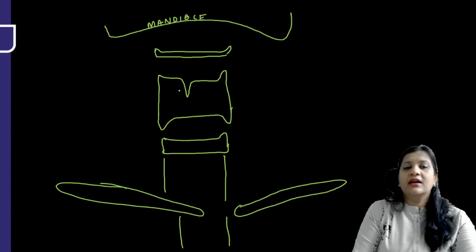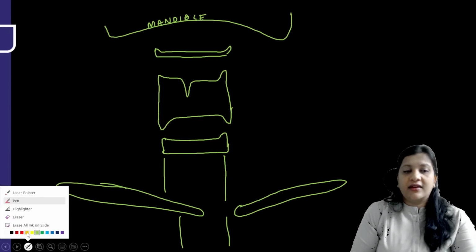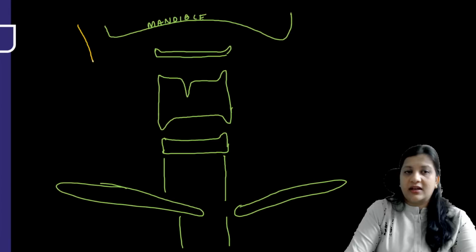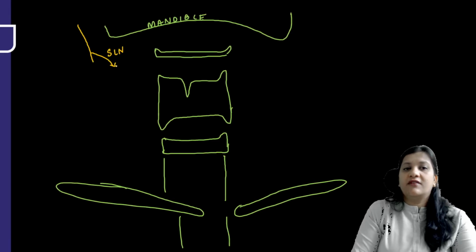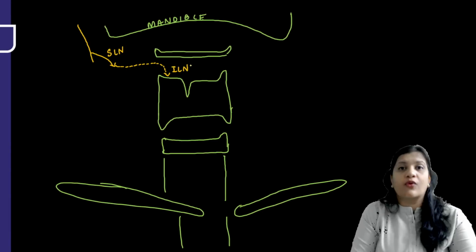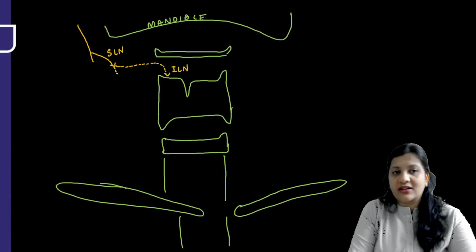Now we have the vagus nerve. The vagus nerve comes to the neck. It gives a branch called the superior laryngeal nerve. This superior laryngeal nerve divides into two branches. One pierces the thyrohyoid membrane and supplies the sensory nerve supply to the larynx above the level of vocal cord, which is your internal laryngeal nerve.